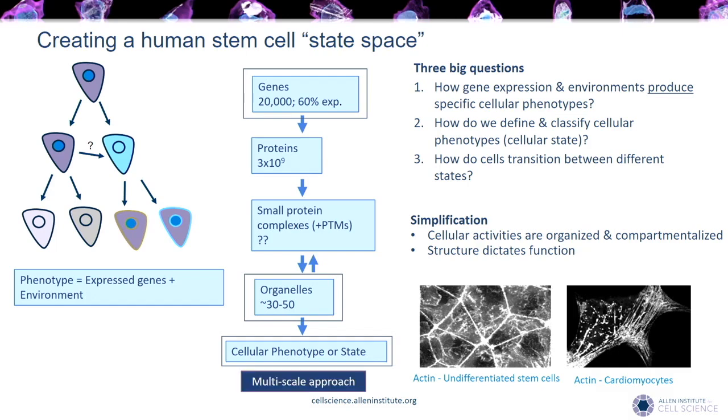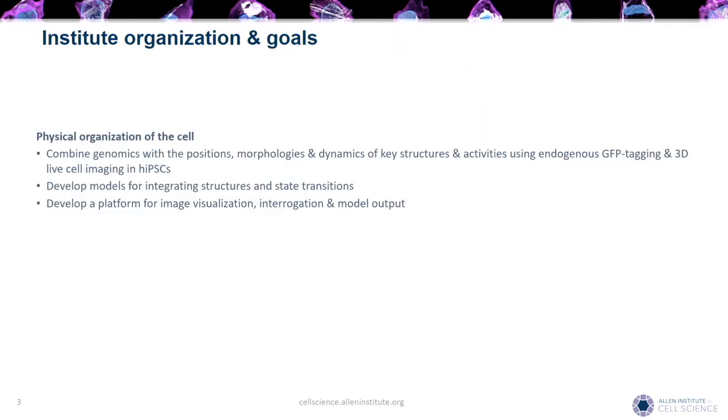So this big project is based on a multi-scale approach, obviously, and we strongly believe that human induced pluripotent stem cells are ideal for this project. And Amanda will talk to you a little bit more about it in a moment. So our first big goal is to study the physical organization of the cell.